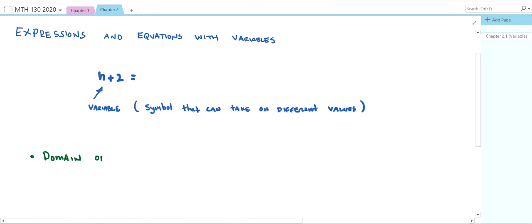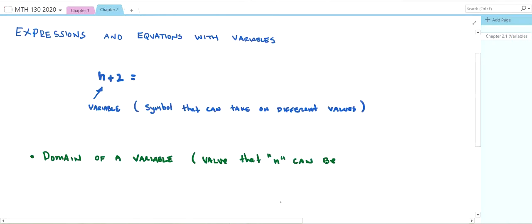So the domain of a variable, in other words, the domain is the values that n can be.